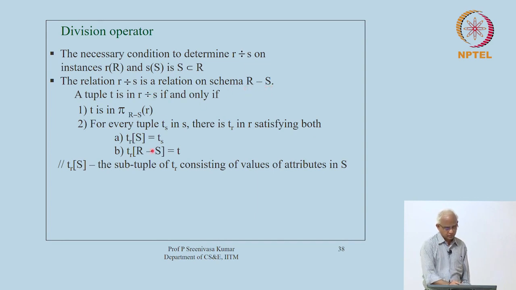Here is the actual definition. Before we understand the definition, let me introduce a little bit of notation. We take a tuple, say T or TR, and then write a subset of attributes, or actually a subsequence of attributes, let us say A1, A2, A3. What that means is the subtuple of that particular tuple consisting of values of these attributes in S. We introduce a notation for that because we often have to talk about that subtuple.